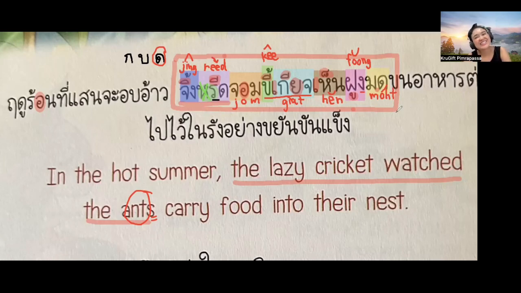So now let's read this sentence together. Let's start from the first one. จิ้งหรีดจอมขี้เกียจเห็นฝูงมด.